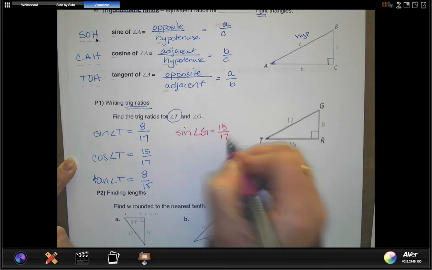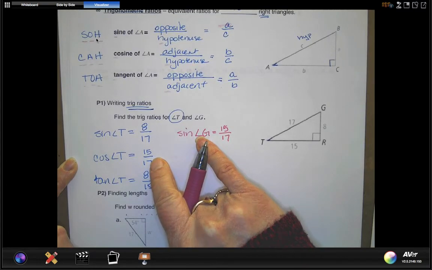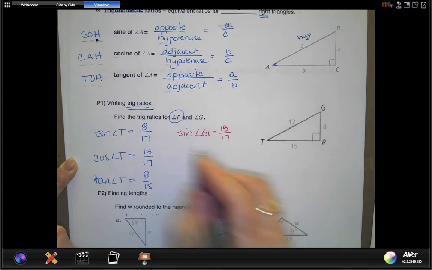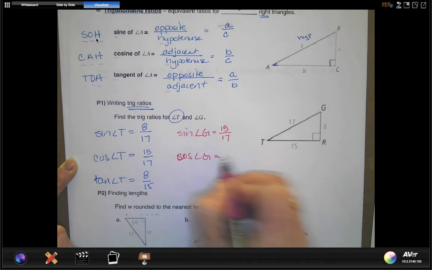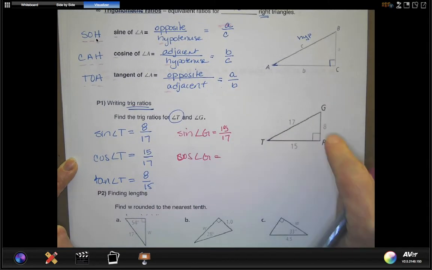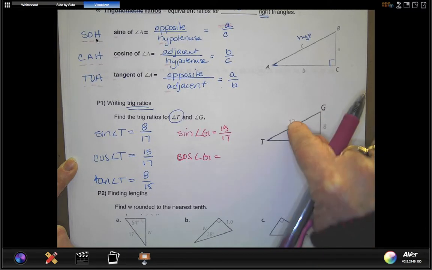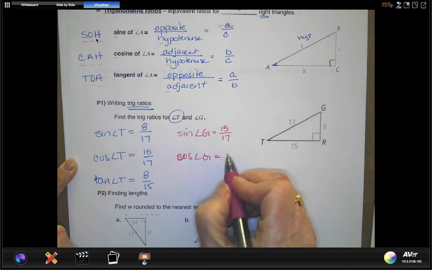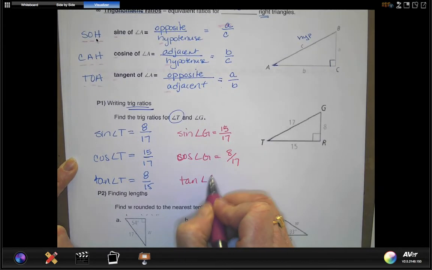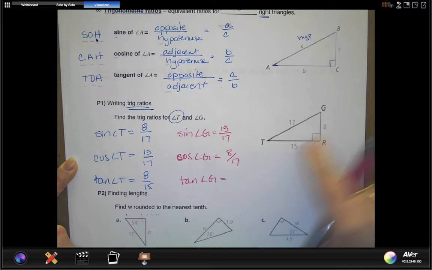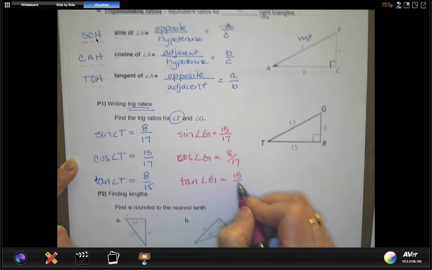So if you notice here, for the opposite angles, the sine of one is the cosine of the other one. So then the cosine of angle G is the adjacent over the hypotenuse, which is the same as the sine of the original one. And then the tangent of angle G, it's just going to be flipped because it's opposite over the adjacent. Okay.